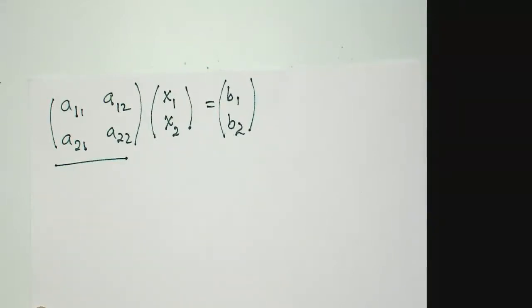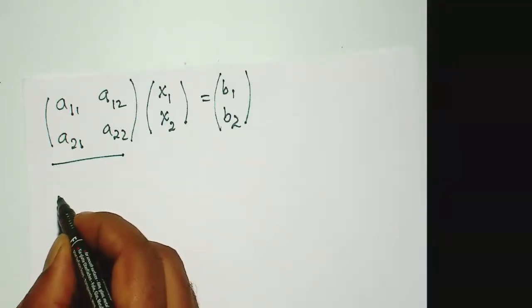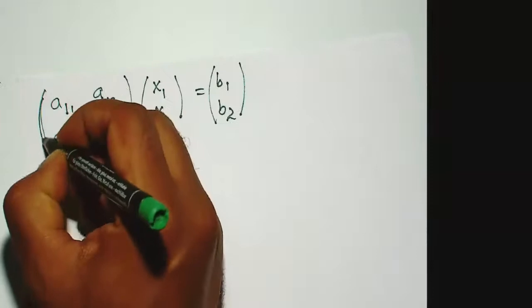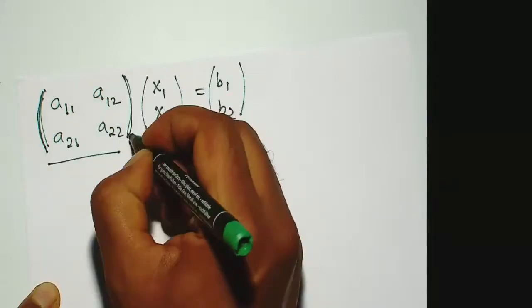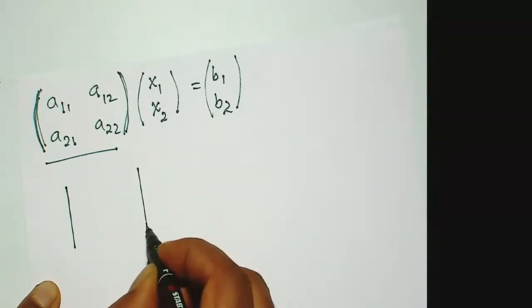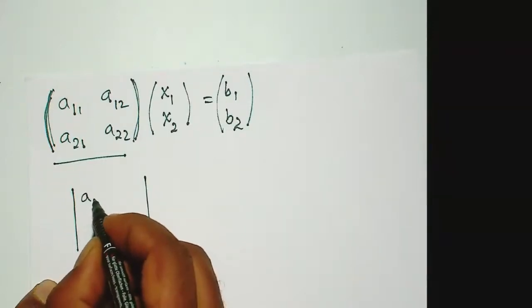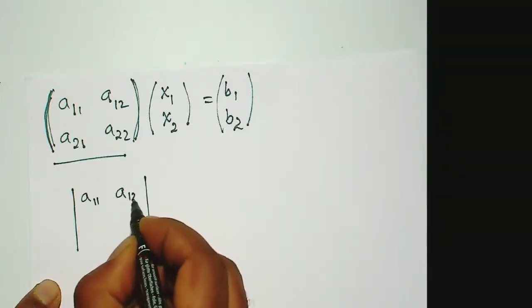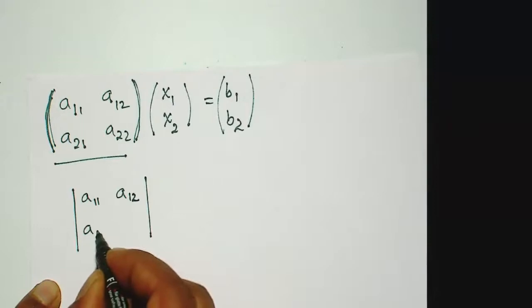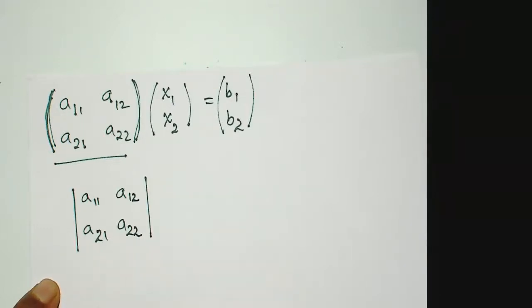A determinant of a matrix A is represented not by the curve bracket here, but we should write it as a straight line. And if I write the determinant of a matrix A, I can write it in a way that looks like this.